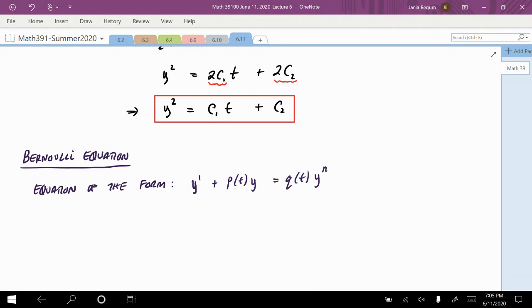So that means as the equation differs by the power of n, you have different ways to solve this first order Bernoulli equation. So check this out. If n is 0, what kind of equation do you have? We have y prime plus p of t times y, where n is 0, y to the 0 is 1, equals q of t.